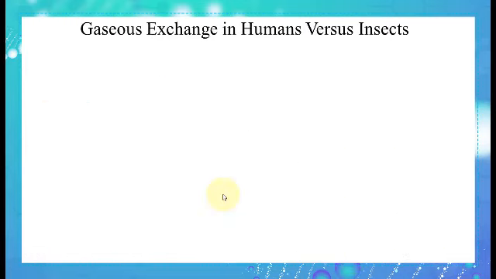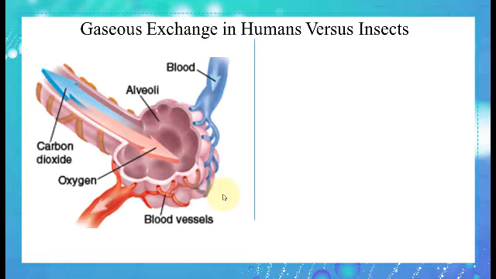Gases exchange in humans versus insects. Observe this alveolus, which is the site of gases exchange in humans. So, how does the oxygen gas reach all body organs? Does it go directly from the alveolus to the organs, or does it pass through the blood in order to reach all organs?